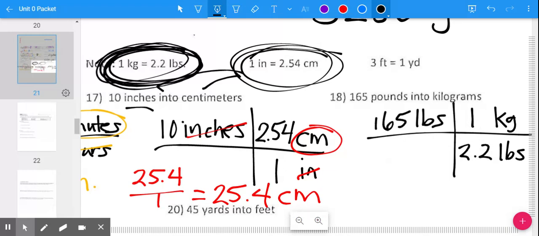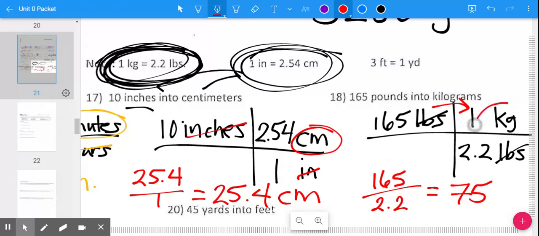So cross out your units, pounds up top, pounds at the bottom, and we're left with 165 times 1 is 165. At the bottom, there's a 2.2. So 165 divided by 2.2 is 75 kilograms.